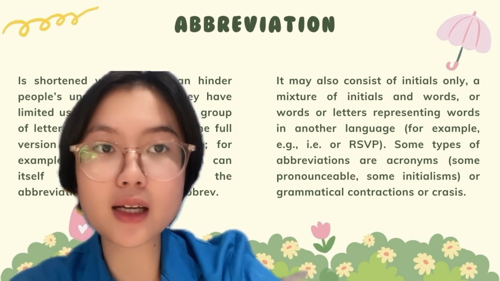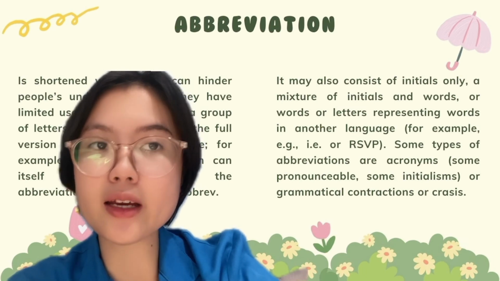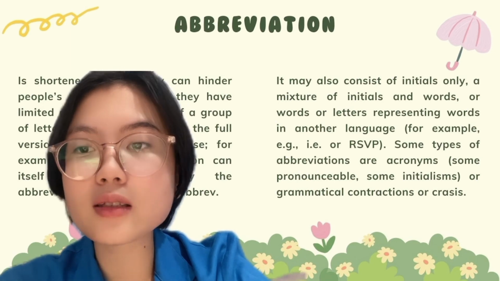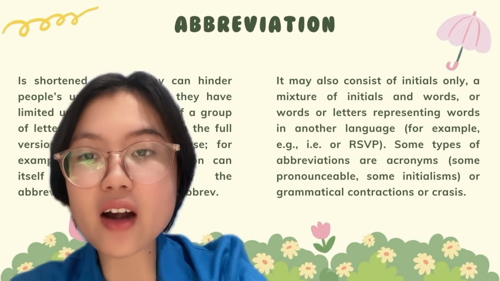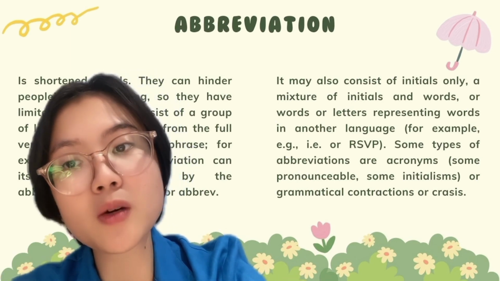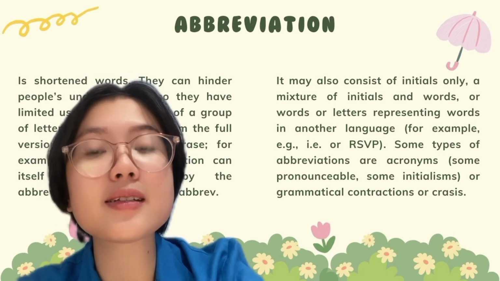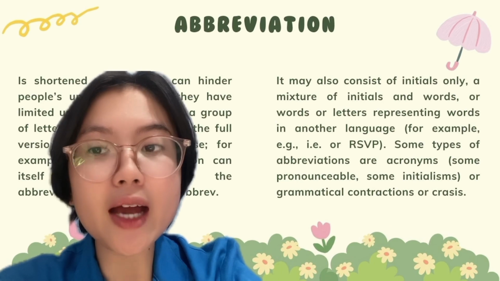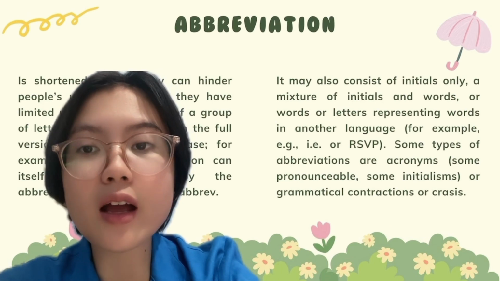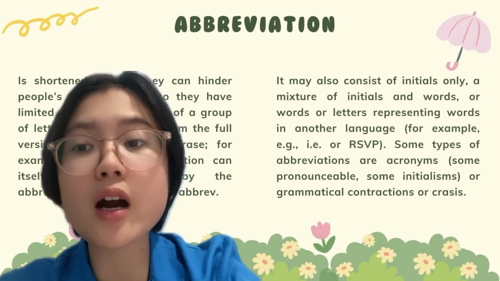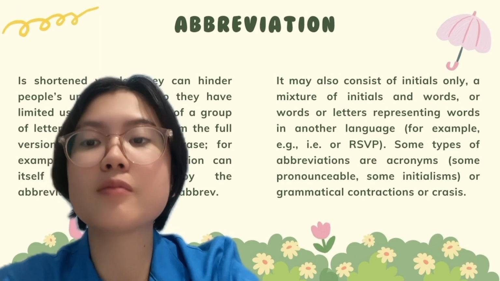For example, e.g., i.e., or RSVP. So, some types of abbreviation are acronyms, some pronounceable, some initialism or grammatical contraction or crasis. Acronyms, initialism, contraction, and crasis share some semantic and phonetic function, and all four are connected by the term abbreviation in loose parlance.